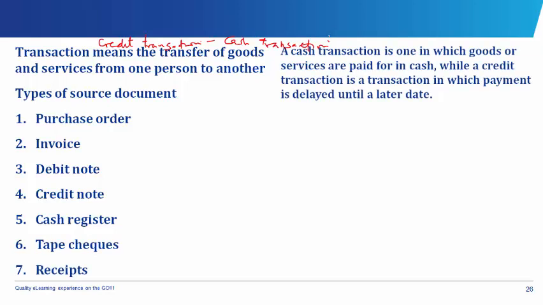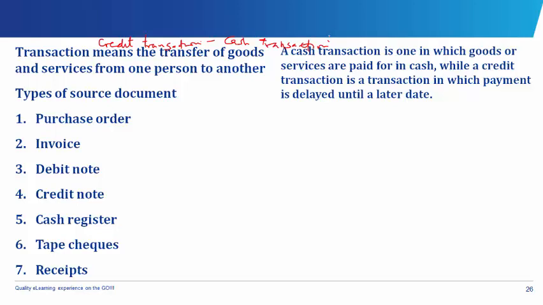Receipts. These are also known as the books of original entry. Once a transaction takes place, they are recorded here first, and after which they are transferred into another book from where necessary deductions and calculations are made.